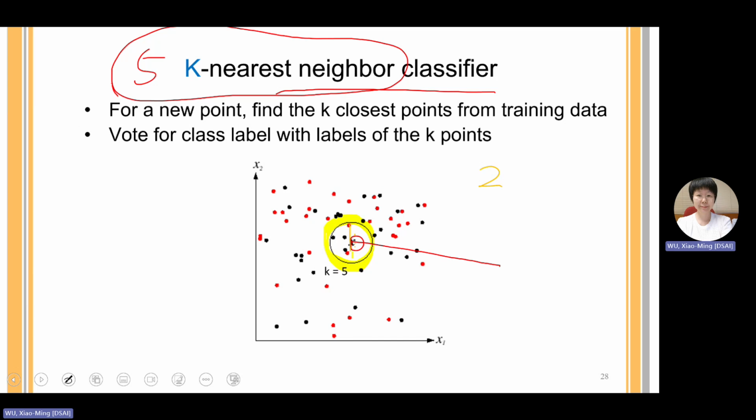What if we have 3 classes, and among its 5 nearest neighbors, 2 are from class A, another 2 from class B, and 1 from class C? In this case, how would you do the voting? How would you assign the label?